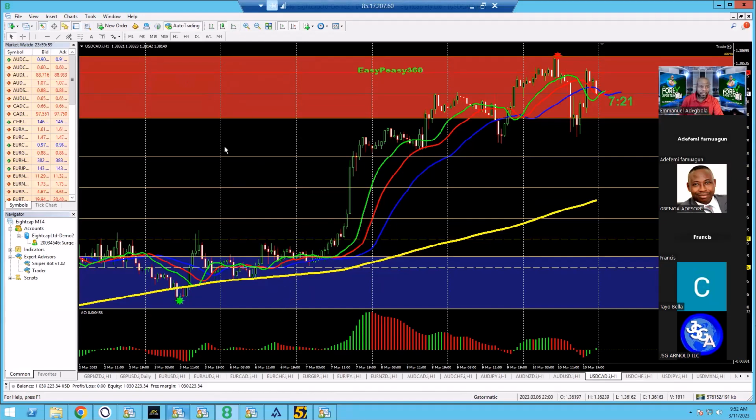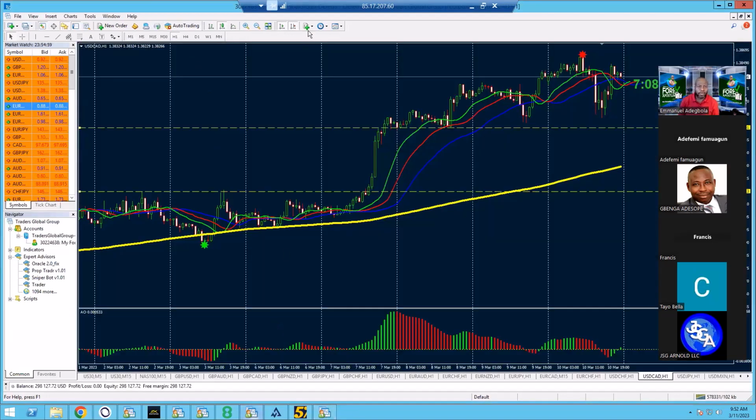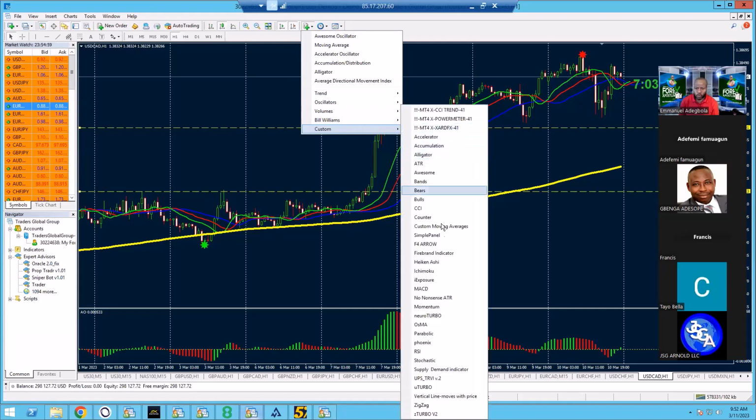So for instance, here, you can decide to add, let me see, this. No, let's see this. Okay, you can decide to add FX Sniper. If you do, let me see, do we have FX Sniper here?